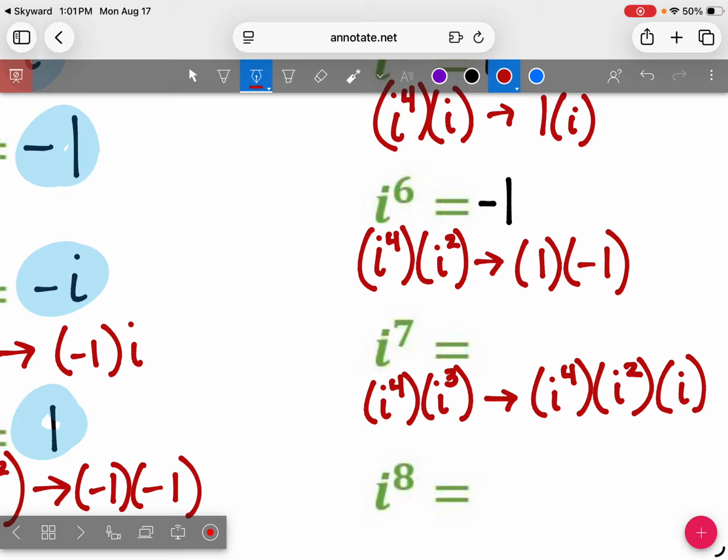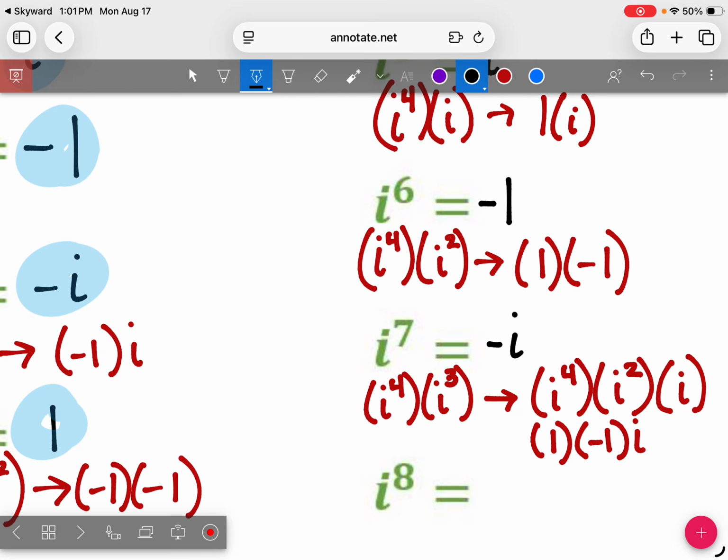So that would be a 1, and then i squared is -1, and we have i. So what's 1 times -1 times i? -i.